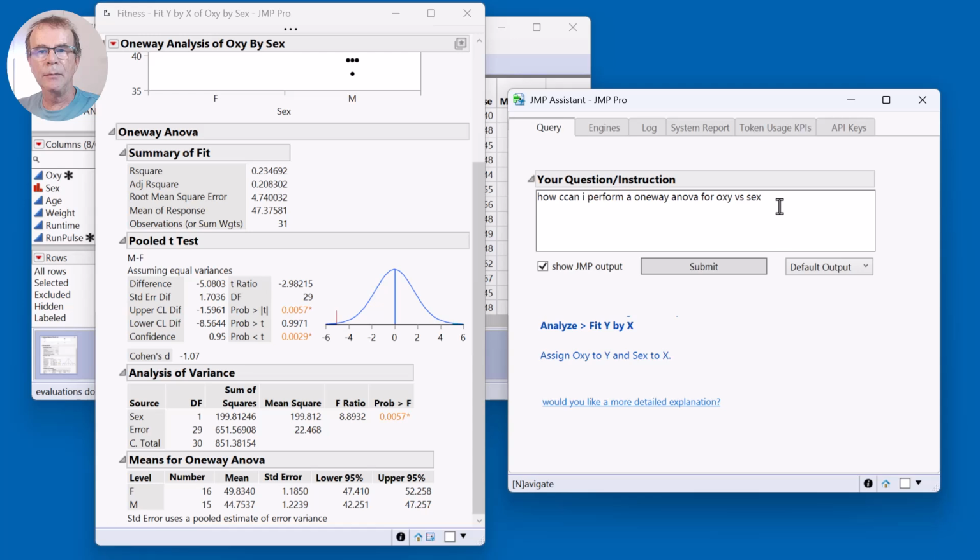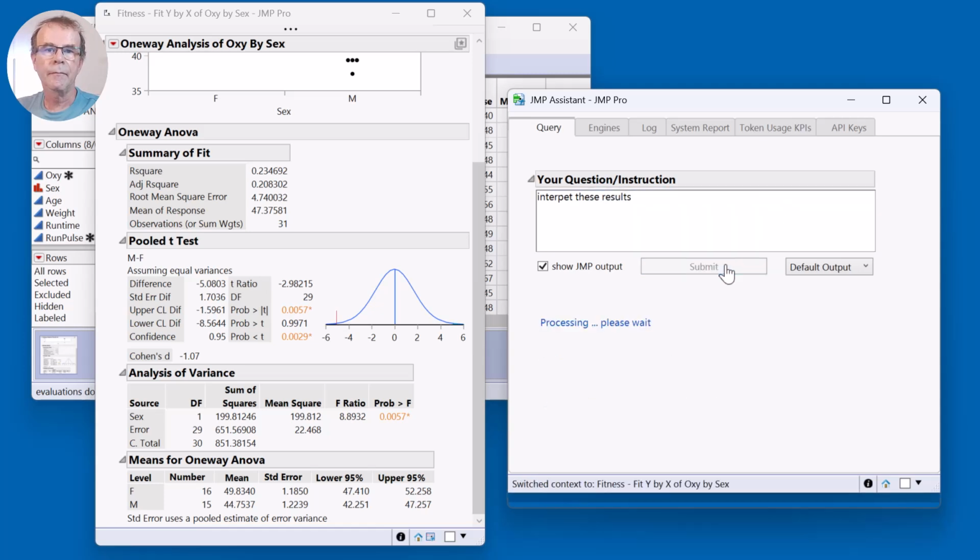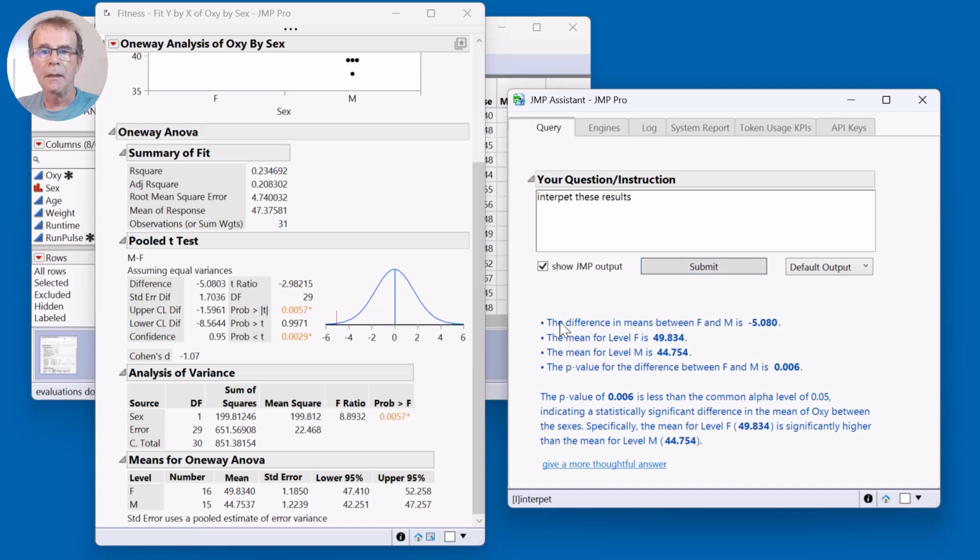And now I'm using the large language model to give me interpretation. So I could say something like, interpret these results. So now I get a summary of some of the key statistics in here. And let's just see what it says. The p-value is less than the common threshold of 0.05, indicating a statistically significant difference in the means between the sexes. And so that's the final conclusion.